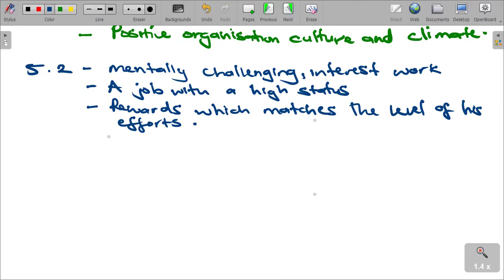Right. And then others might be satisfied with the physical environment, or physical conditions, like a well ventilated room, or an office that is safe and secured.